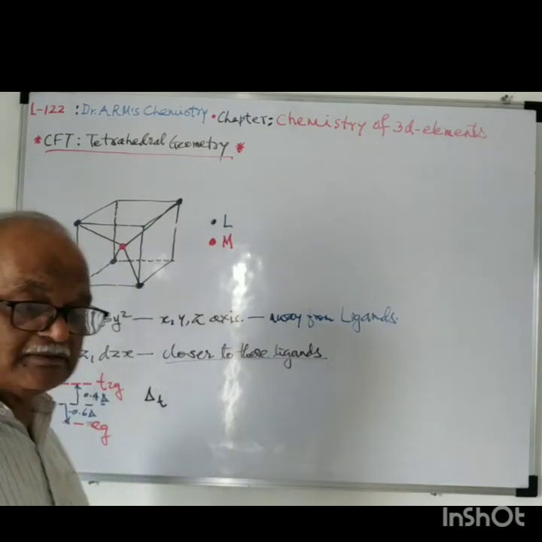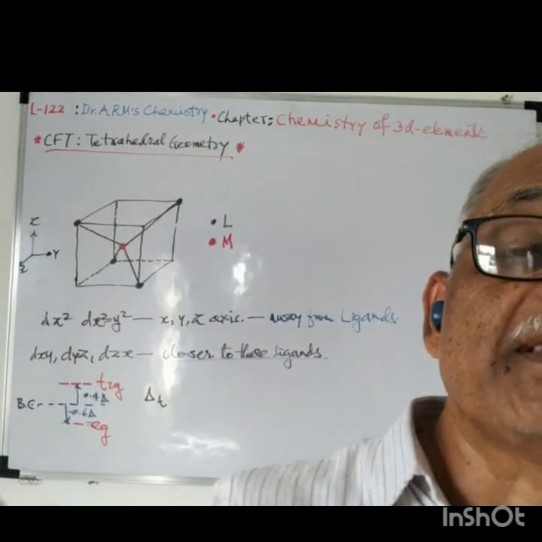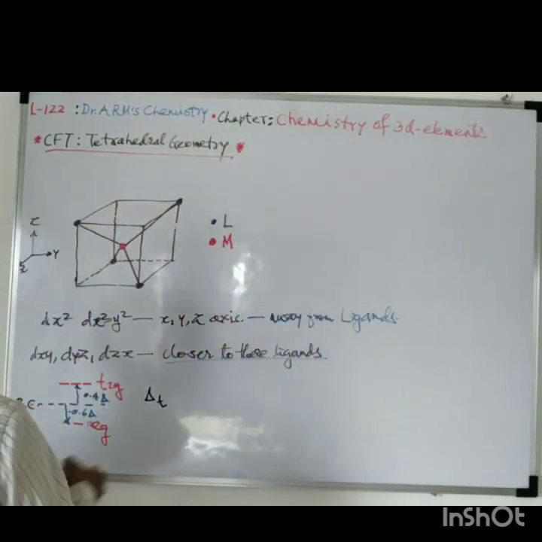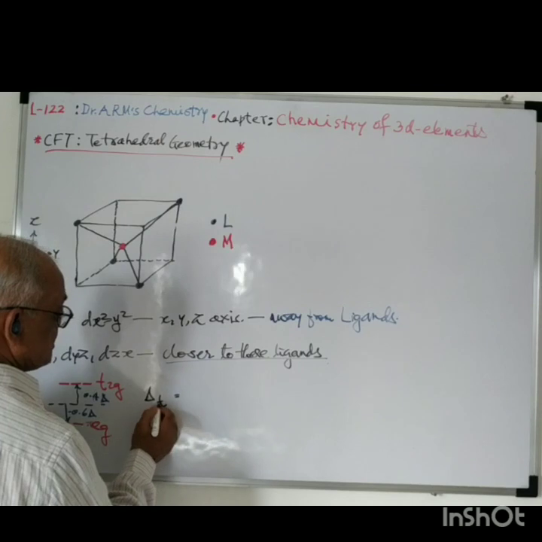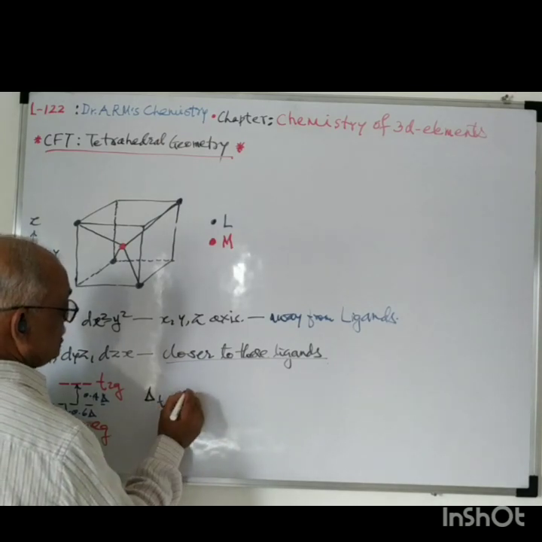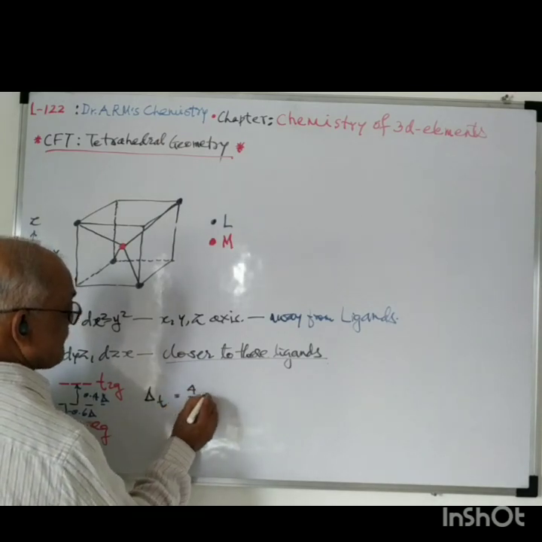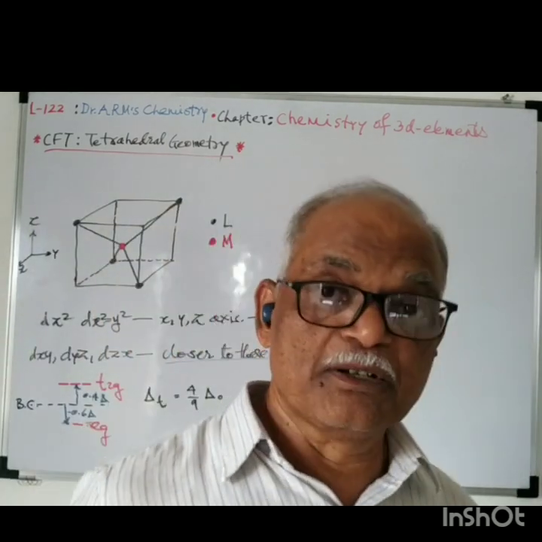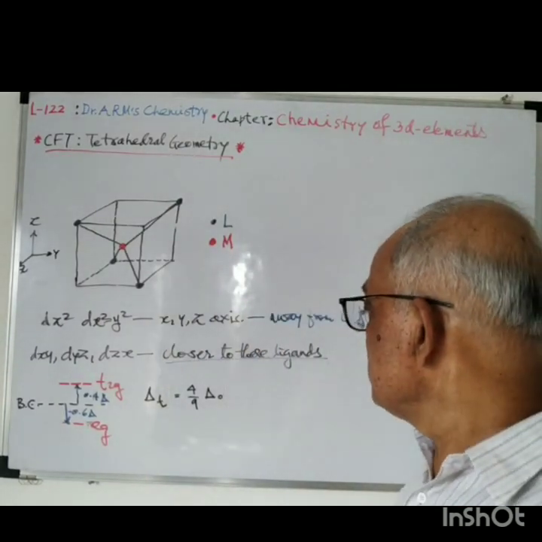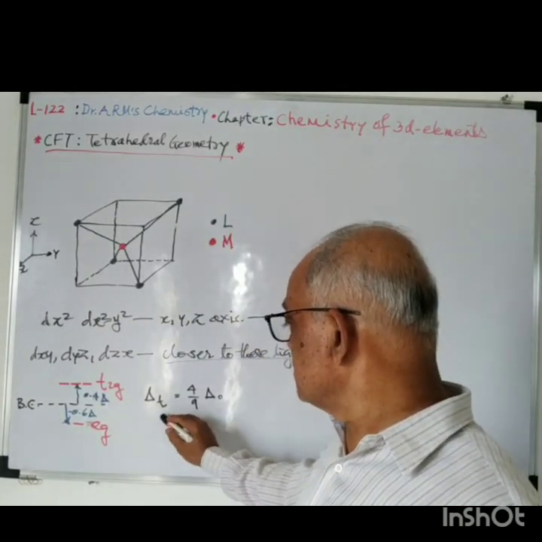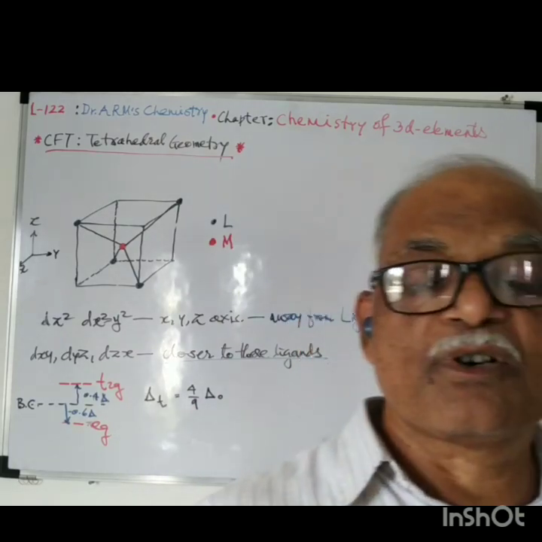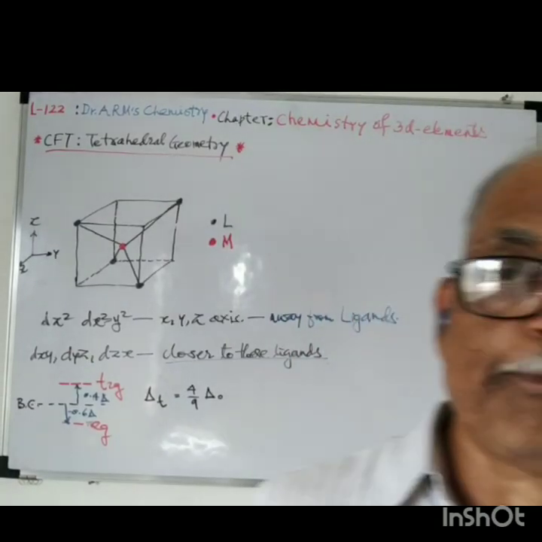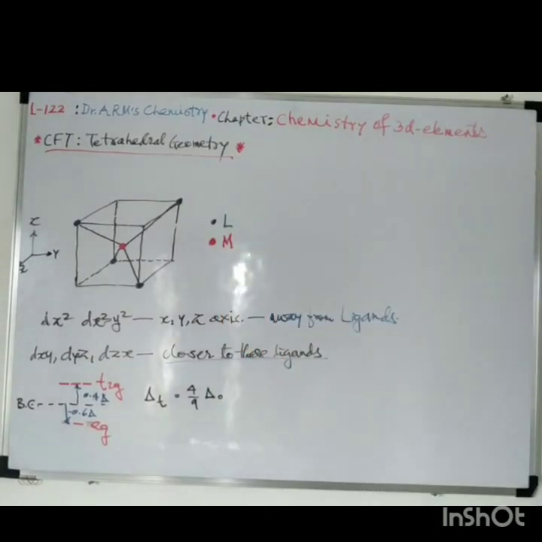Now if we compare this delta T with that in the octahedral complex, that is delta O, then it is given as delta T equal to 4 upon 9 of delta O. Means compared to delta O, this delta T is approximately 1/2. It is not exactly 1/2, but approximately 1/2.